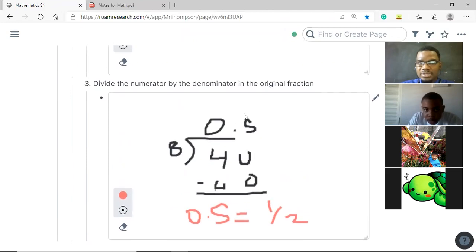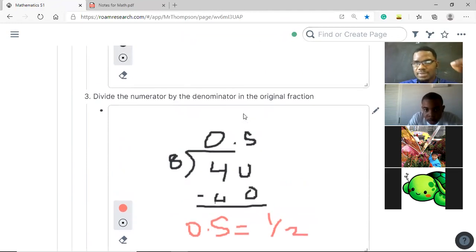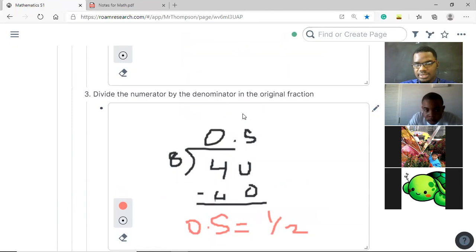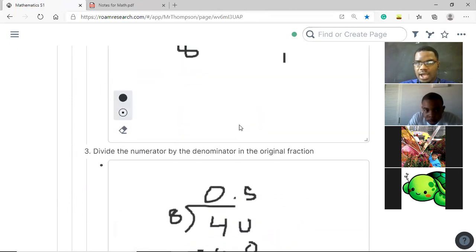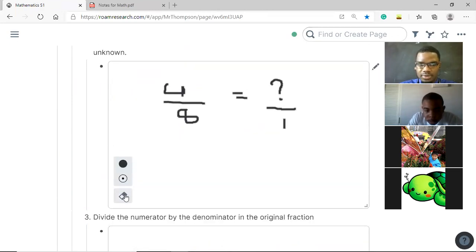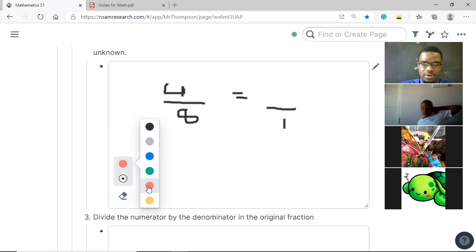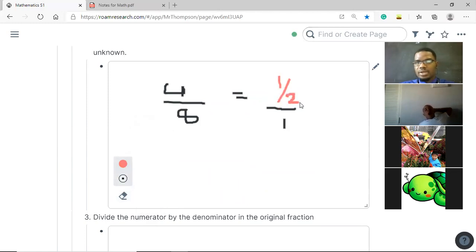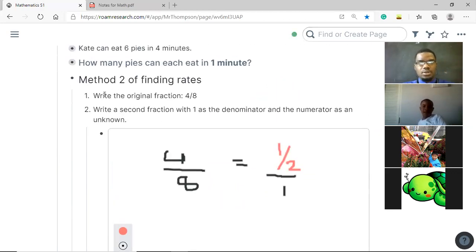That half represents how much pie Carl ate. So now we're going to put that half as the unknown here. Let's put that pie as a half. And then that's it, guys. That is it. Everybody understand this? Yes, sir. Perfect. So that is it for rate.